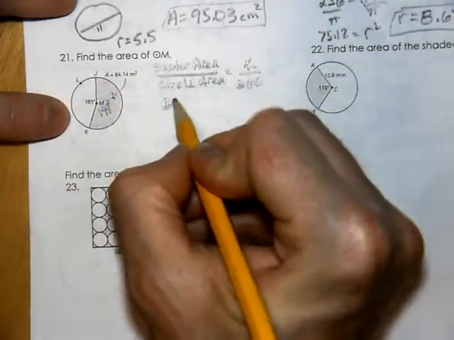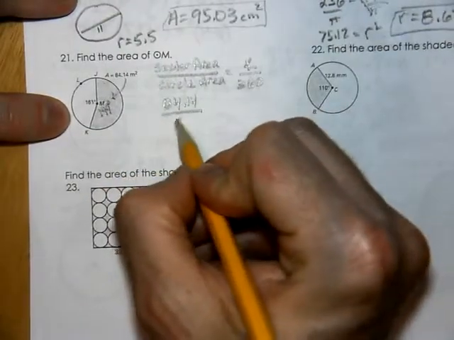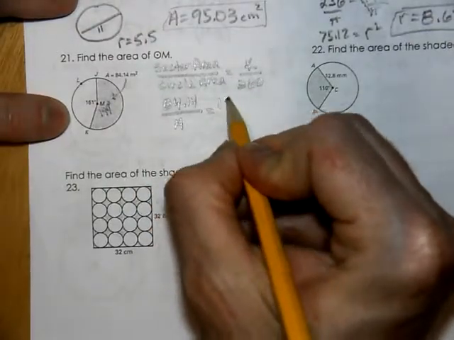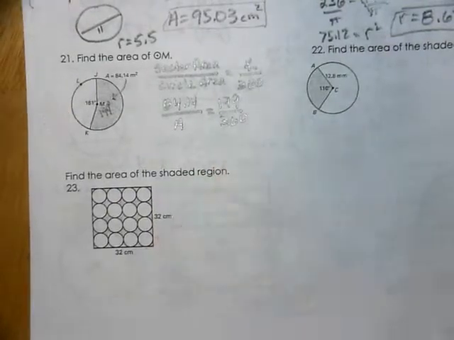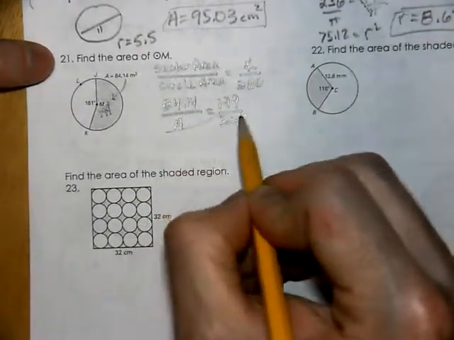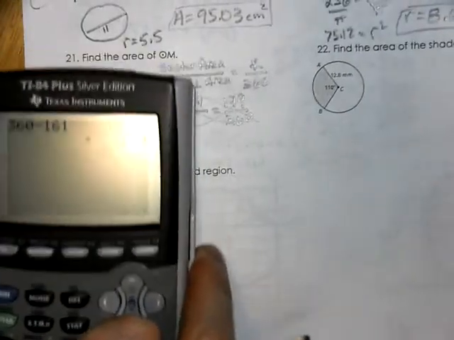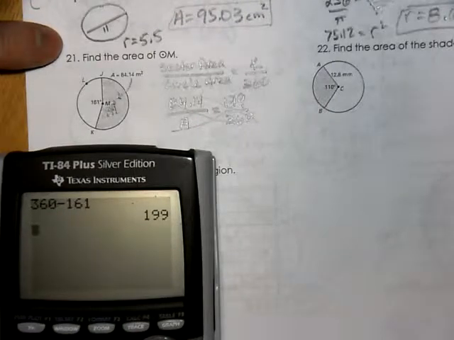So we have a sector area of 8414. That's the area of our circle with 199 degrees out of 360. We'll cross multiply. We'll take our 8414 and times that by 360.